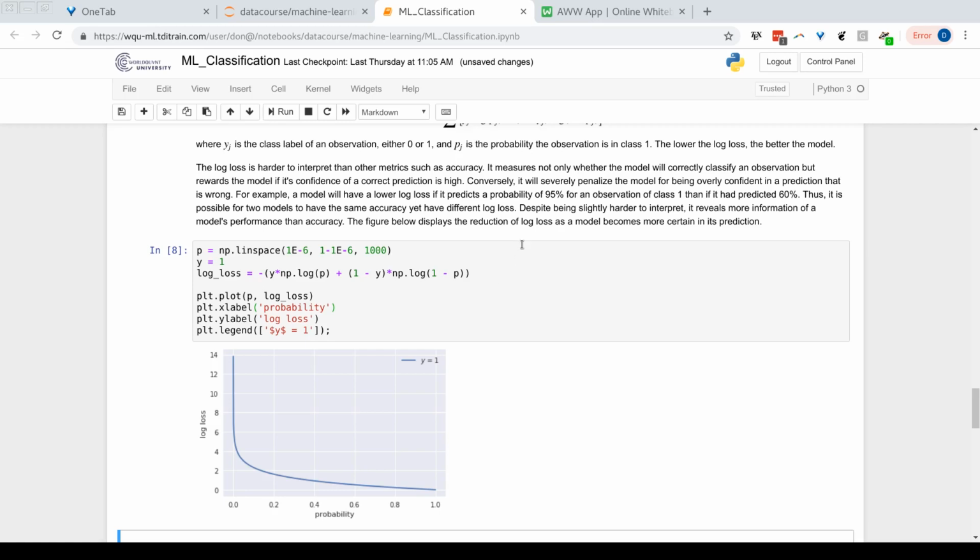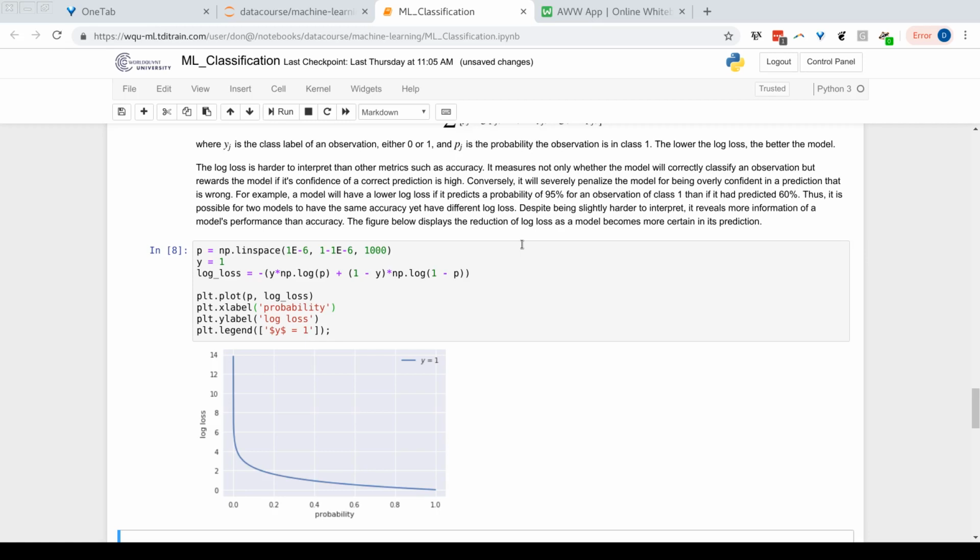And this makes sense. Let's talk about the importance of this log loss metric. What this log loss metric is saying is that, yes, it's important that we properly classify the image, whether we say it's in class 0 or 1, but it's also very important that we are very certain in these predictions. So as we become more and more certain in the right answer, our loss drops.